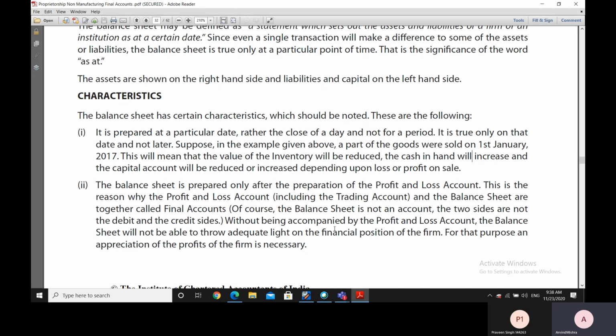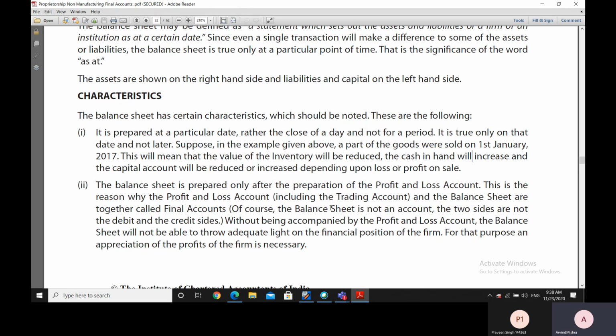However, if the balance sheet is not accompanied by the profit and loss account, we will not be able to throw adequate light on the financial position of the firm. And therefore, when we say final accounts, what we mean is the profit and loss account, trading account, as well as the balance sheet.